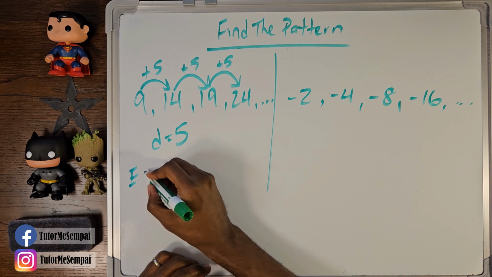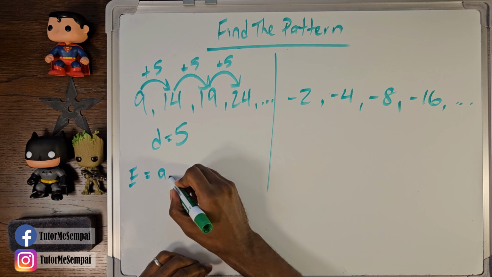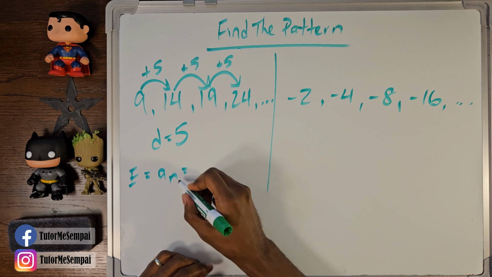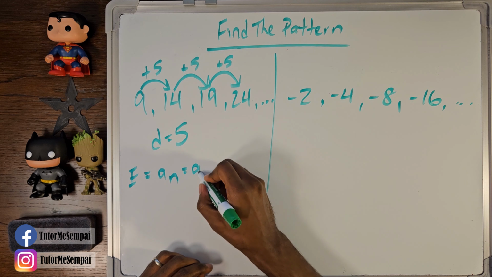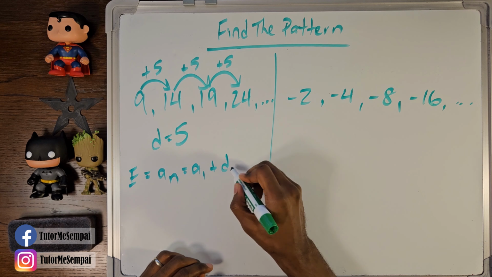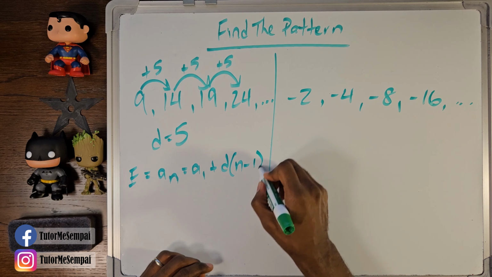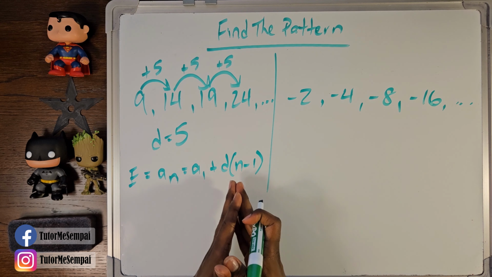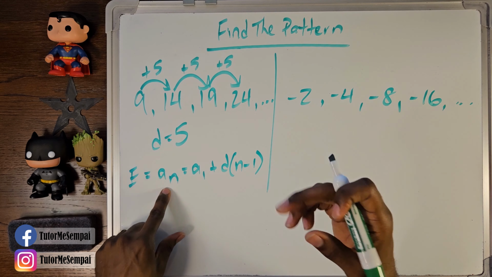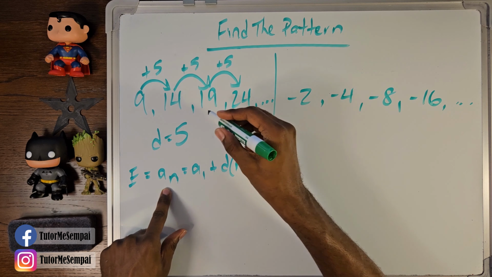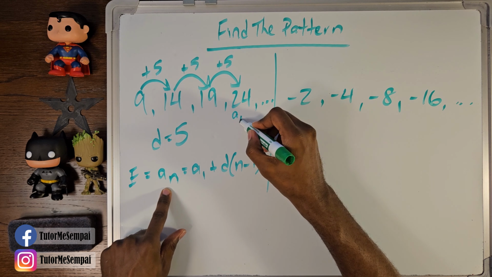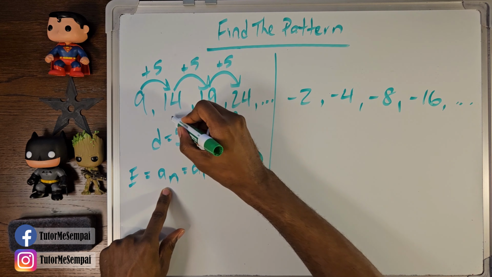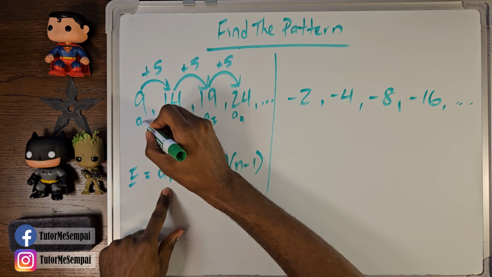And we wrote those to be: our explicit a sub n is going to be our a sub 1 plus our d times n minus 1. Now we talked about this n minus 1, and that's because to get to any particular n, so in this case we have our notation a sub 4, a sub 3, a sub 2, and a sub 1.